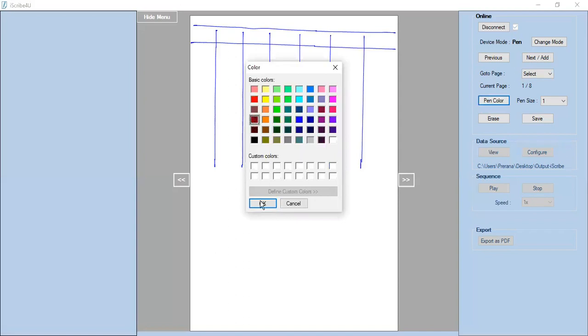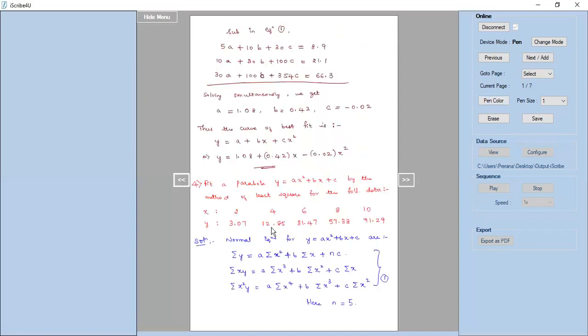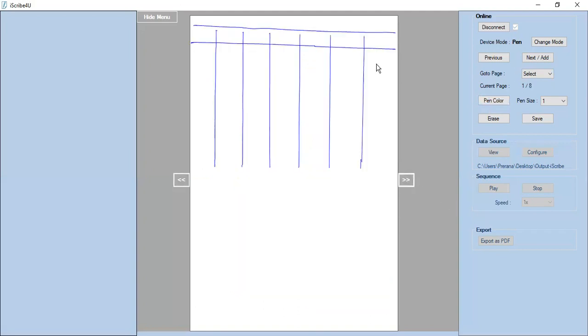Now let us fill the values of x and y in the first two columns. Respective values of x and y should be filled in the first two columns. X, y, followed by x square, x cube, x power 4, x into y, x square y. So let us fill the data.